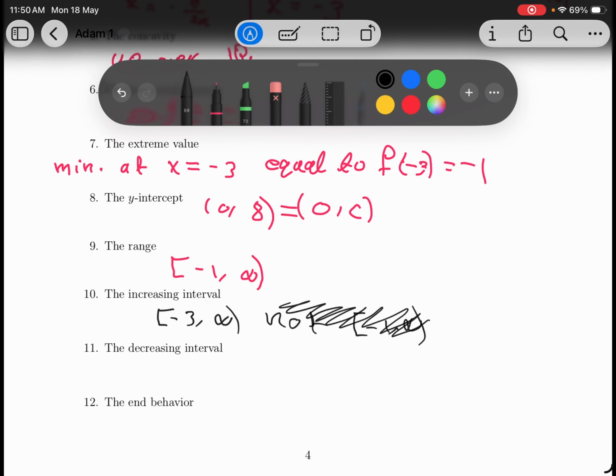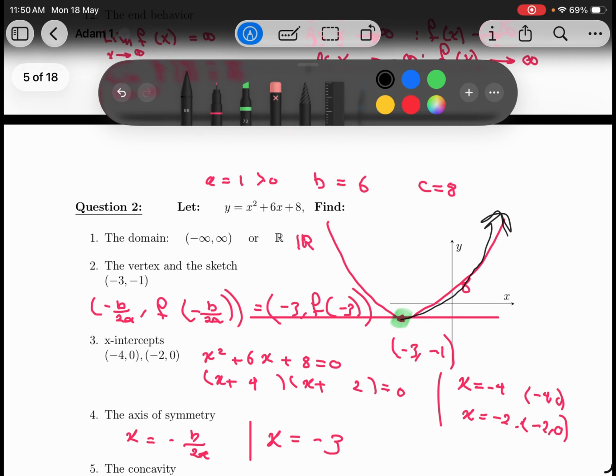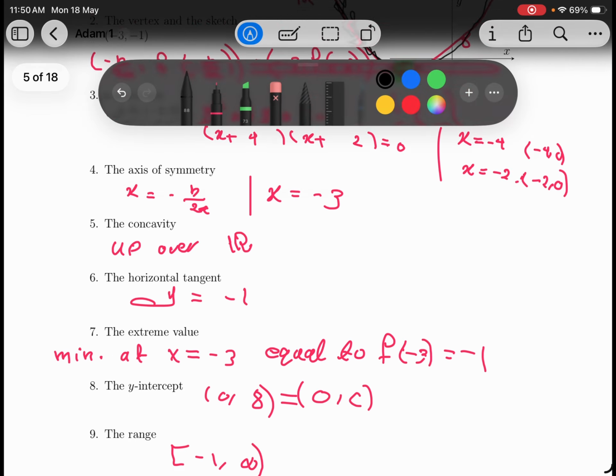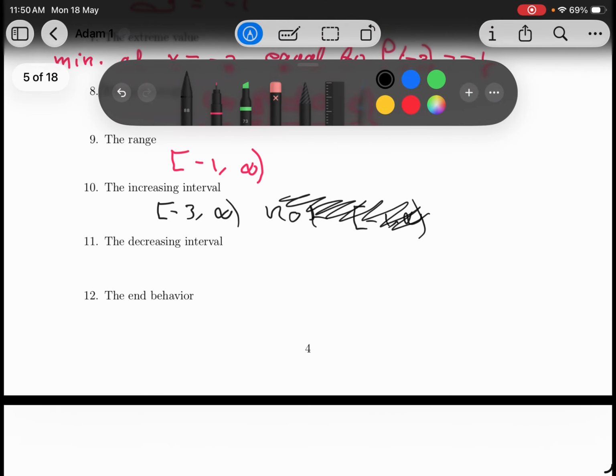And the decreasing interval. Look at this graph here, it's decreasing here, here, here, here. So decreasing from minus infinity till minus 3, when it reaches its minimum. So from minus infinity, open interval indeed, to minus 3 closed. Honestly, at minus 3, you can make it a closed interval or open.